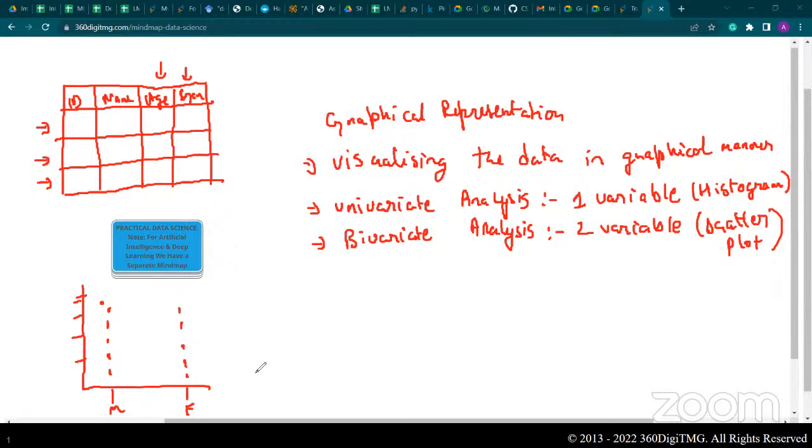A scatter plot can also look like this, depending on what your X variable and your Y variable are. Okay. So this scatter plot becomes very important later on when we discuss linear regression, because a scatter plot is going to give us an idea of how linear regression is going to work. All right. So this is a scatter plot.